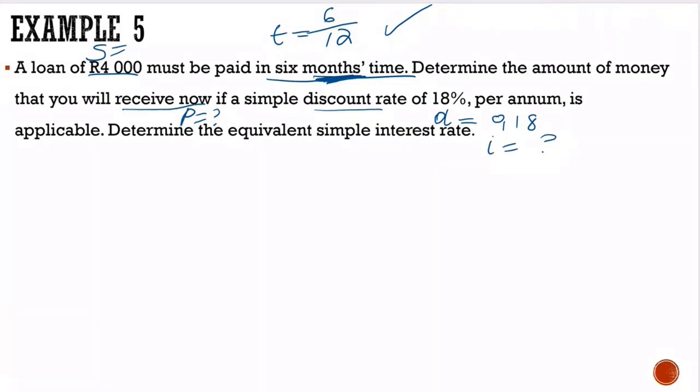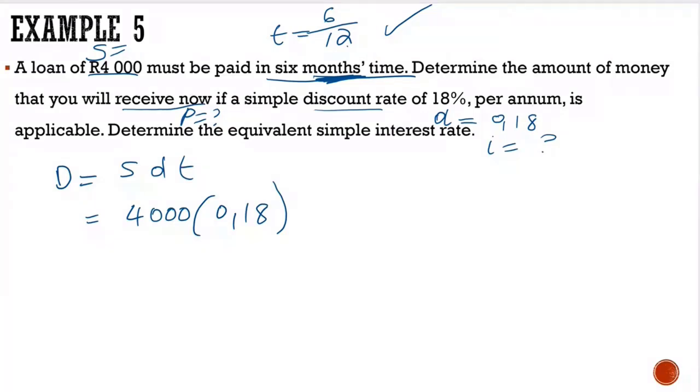Same thing, you take your formula and say, I'm going to calculate my D first. So my D is equal to Sdt. My S is equal to 4,000. My d is 0.18. My t, I've converted into an annual period, this is 6/12.